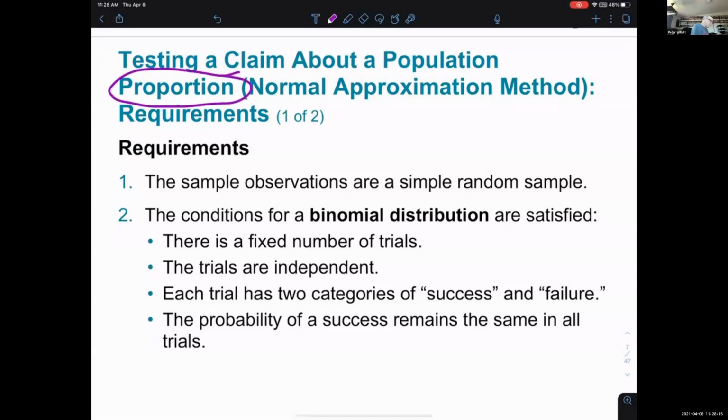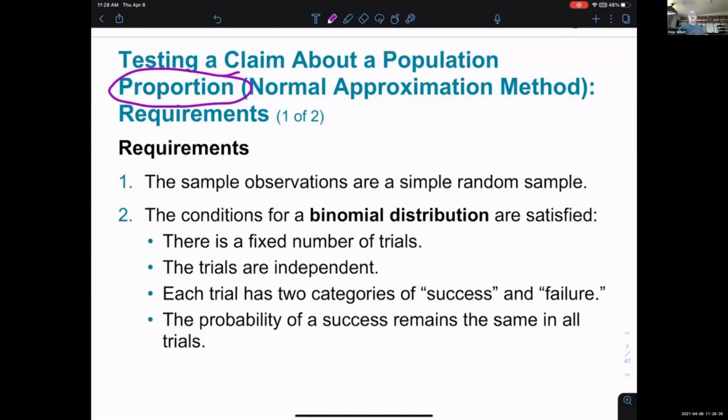It means some portion of the population, some percentage, falls into a particular category. And the simplest way to think of that is all the people who would be successes in a binomial distribution. So that's why a binomial distribution works perfect for a proportion claim.